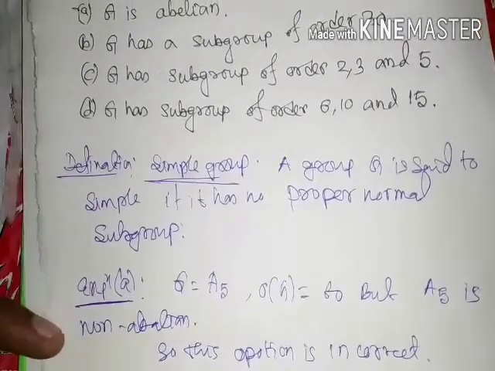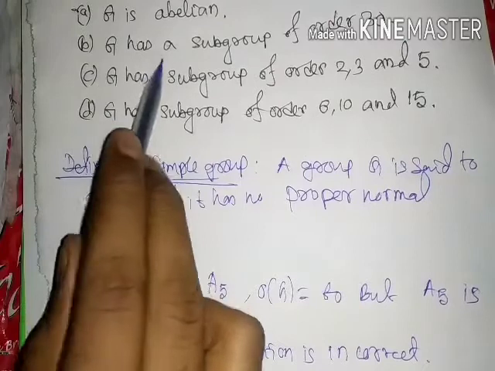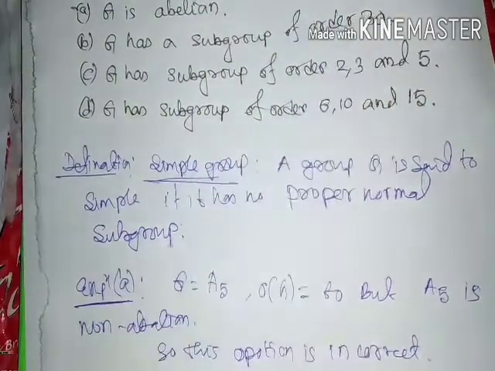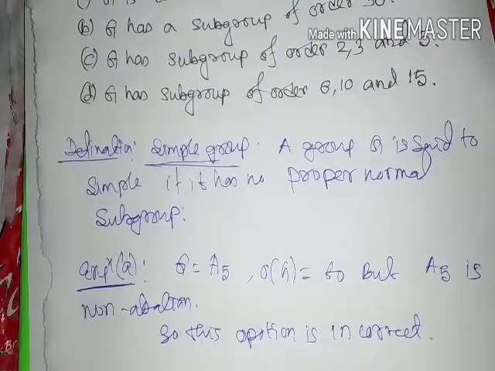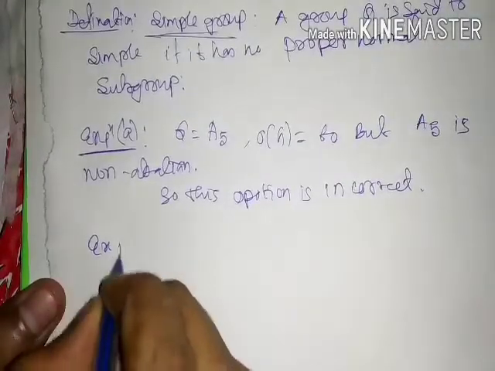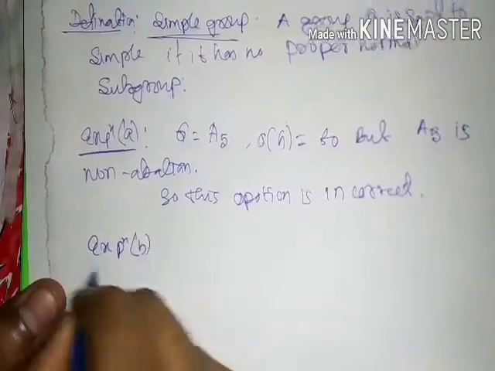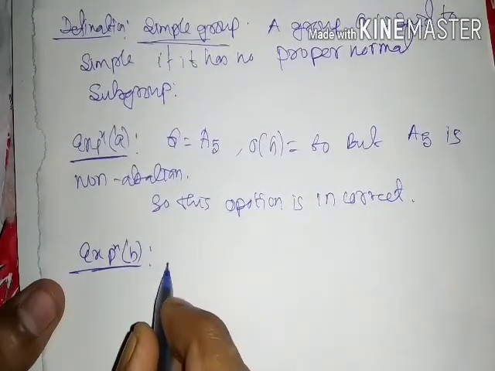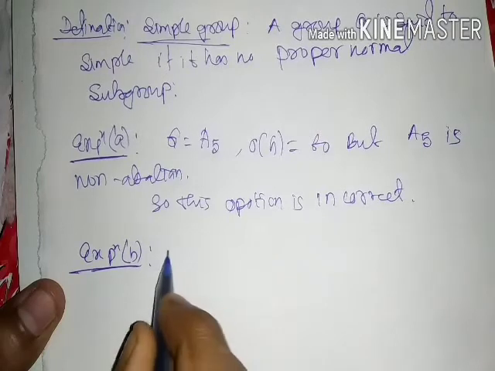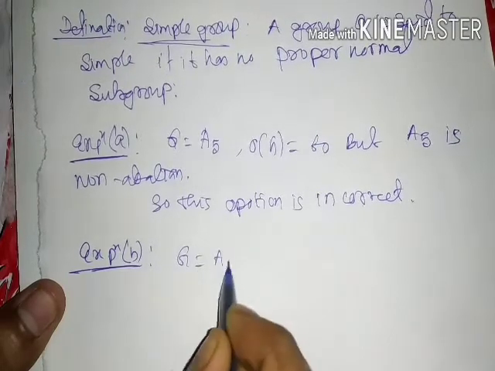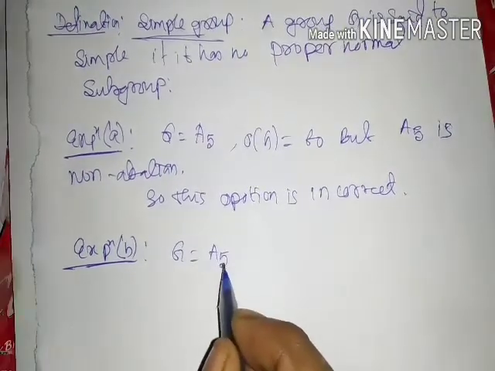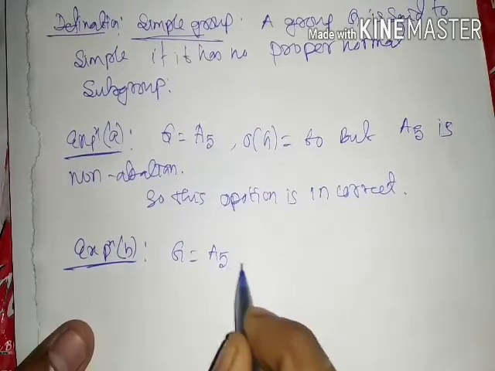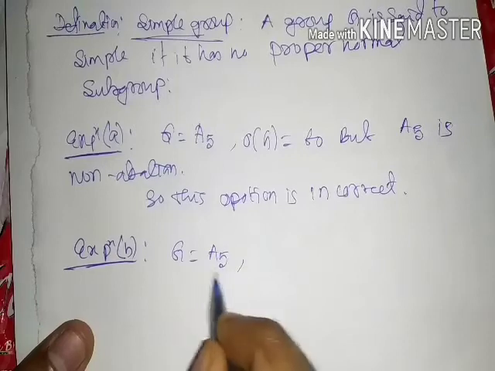Next we see the next option. G has a subgroup of order 30. Explanation of option B. In this case, if we also take G equal to A5, alternating group with 5 symbols, this group is simple.